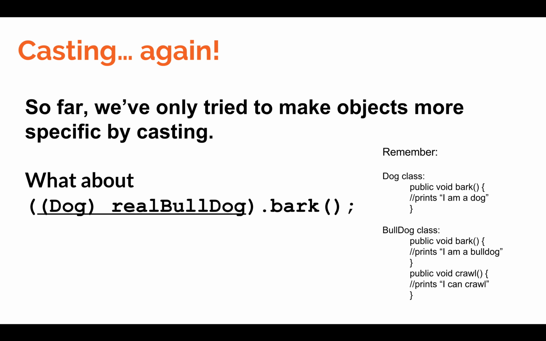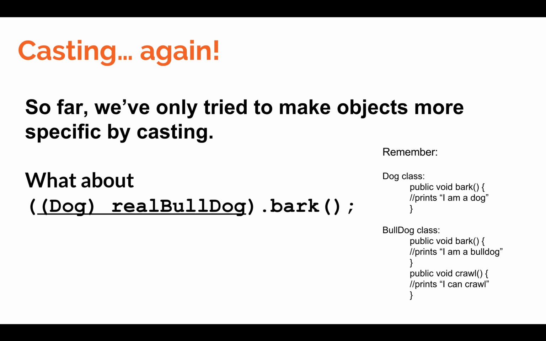Because the compiler just looks in the dog class for a bark method, it finds it, it says this is the one that I'm going to run. During runtime, whatever casting you did, nothing matters. All your casts don't matter during runtime. Runtime just says, did you lie to me? Nope. Okay, all right. I'm just going to look at the dynamic type. The dynamic type of real bulldog is still bulldog, so it looks in the bulldog for that exact same method, which is void bark.